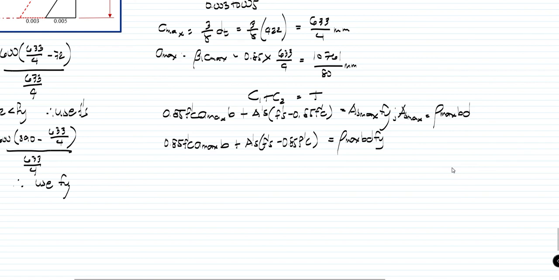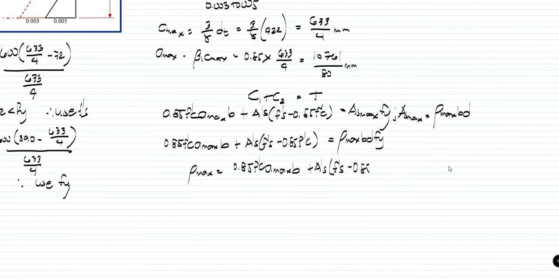Arranging the term, we could have raw max is equal to 0.85 F prime C A max B plus A prime S times F prime S minus 0.85 of F prime C divided by BD Fy.